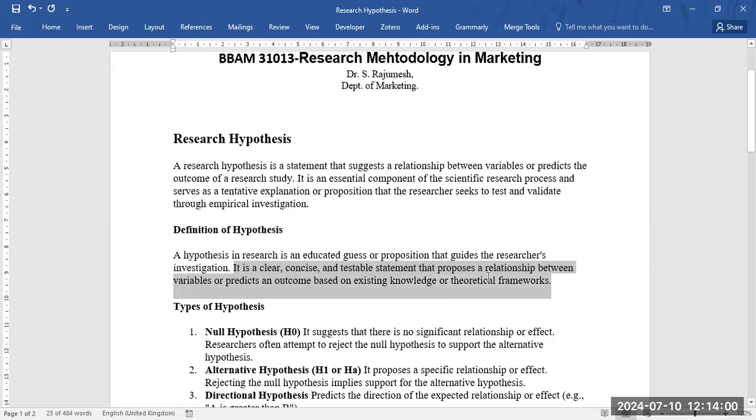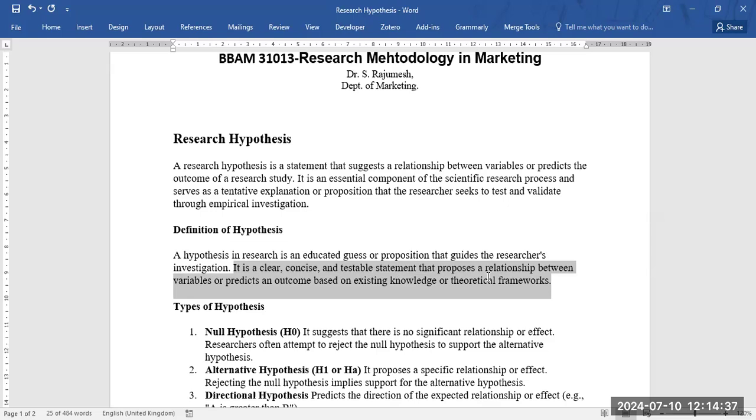So you should understand that hypotheses are always testable, and they should be clear and concise, meaning very short and meaningful. It is a clear, concise, and testable statement that proposes a relationship between variables or predicts an outcome based on existing knowledge or theoretical frameworks.